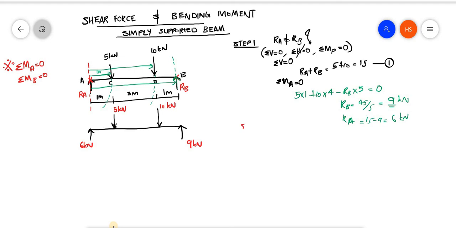Now step 2: we are going to find out the shear forces. I am starting from this point A, the left end.